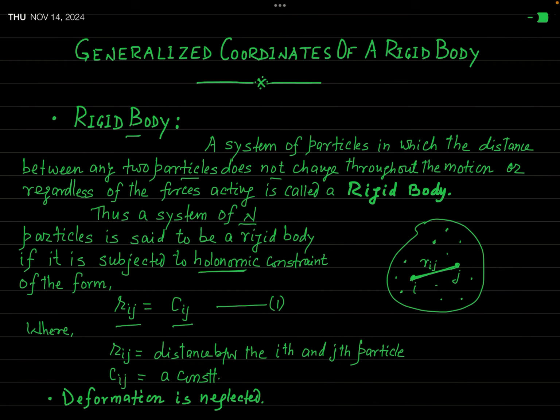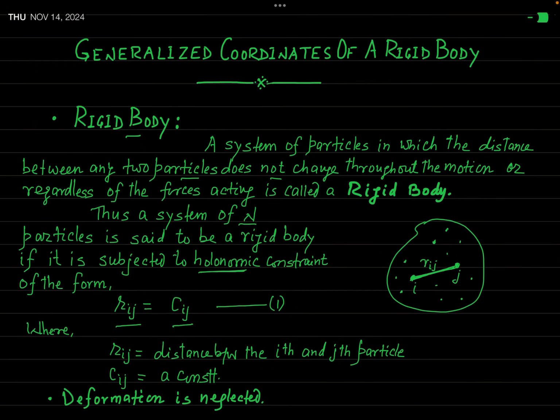Actually one can think that when a rigid body is in motion, then deformations may occur. The body may change its shape, and when the shape changes, then one can think that the distance between two particles may change. So actually in the theory of rigid body, in accordance with its definition, we neglect the deformation of the body, and we consider that the shape of the body does not change, it remains the same whenever the body is in motion.